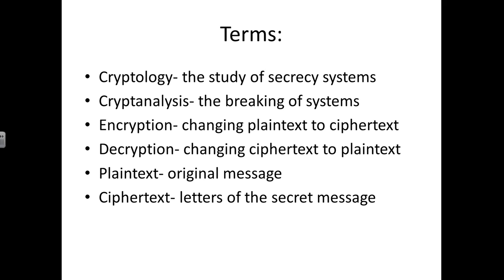Encryption is changing plain text into ciphertext, whereas decryption is the inverse of that, which is ciphertext into plain text. Plain text is the original message, so if I wanted to send one of my friends a message and say, hey, let's meet later, that would be plain text, where ciphertext would be changing that message into numbers and then later on a different message that is unreadable.